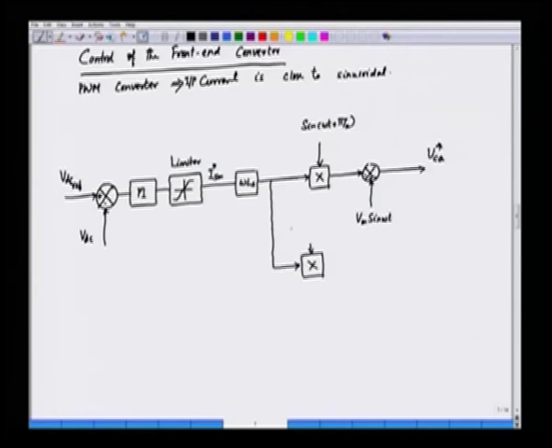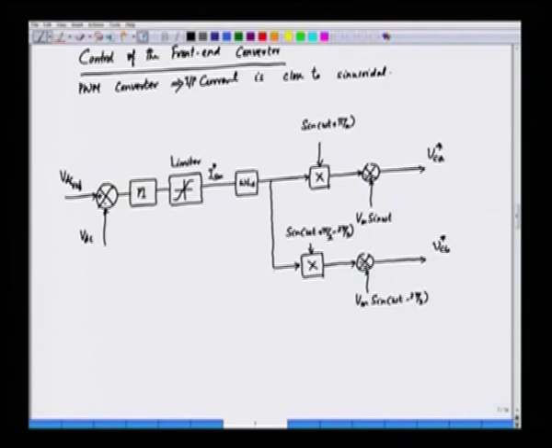Now, here we multiply sin(omega t plus pi by 2 minus 2 pi by 3), and then we have the voltage in this case Vm sin(omega t minus 2 pi by 3), and what we obtain here is VCB reference.